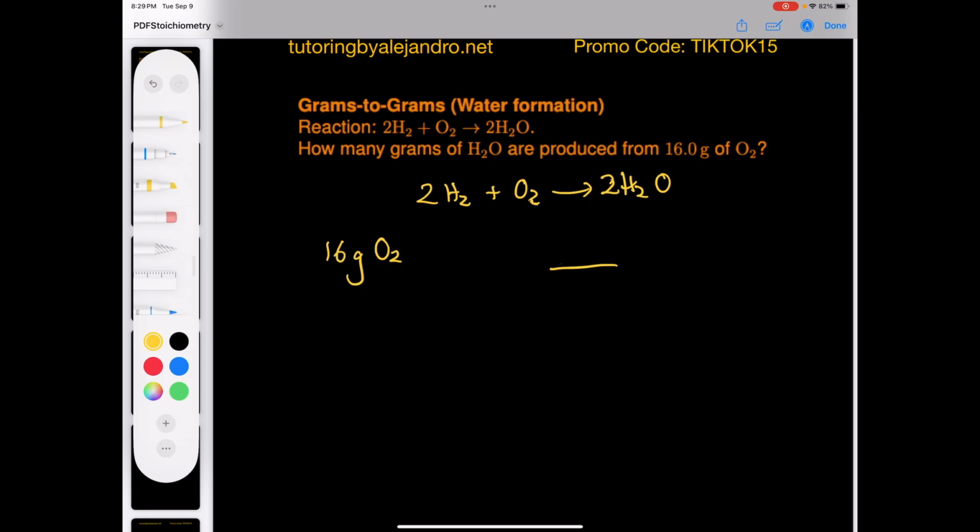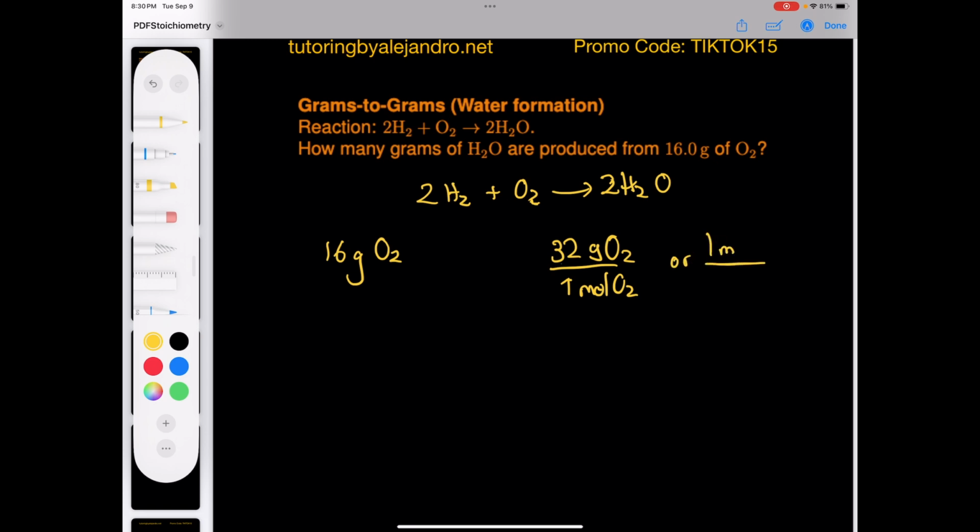Okay, so O2, each oxygen has a mass of 16, right? So O2 is going to have 32 grams of O2 per 1 mole of O2, right? Okay, or we can build this the other way.